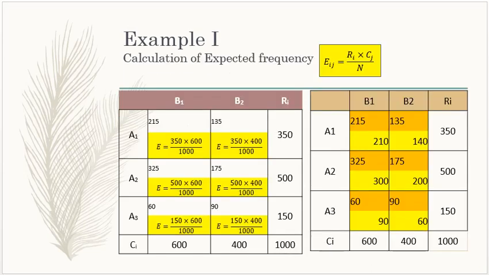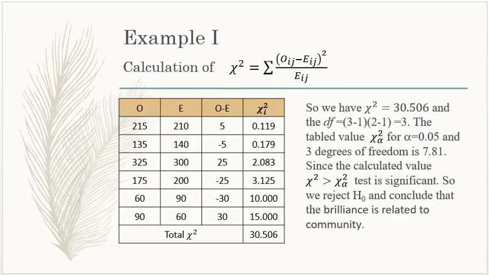We have here 1, 2, 3, 4, 5, 6 cells, so we have 6 values. Corresponding to each cell, we calculate the chi-squared term, and the sum of that will give you the chi-squared. Already I said that the degrees of freedom is (row minus 1) into (column minus 1). We have 3 rows and 2 columns, so the degrees of freedom is 2.